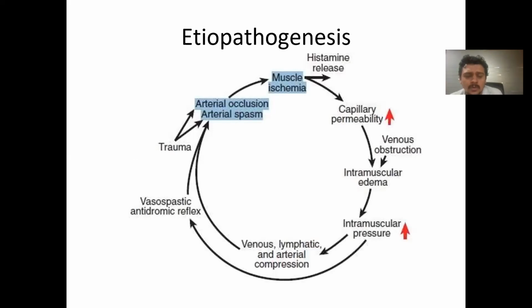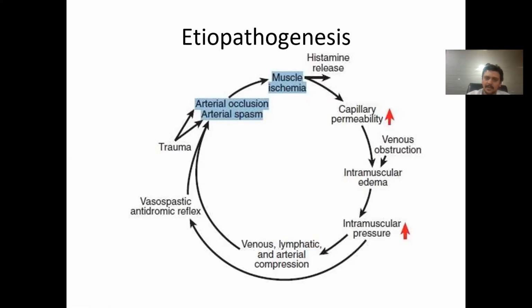Now we try to understand the etiopathogenesis of the compartment syndrome. Whenever any trauma occurs, it leads to arterial occlusion and arterial spasm. The occlusion of the artery leads to muscle ischemia. Now, ischemic muscle will release histamine, which causes an increase in the capillary permeability. And due to the increase in capillary permeability, there will be intramuscular edema.